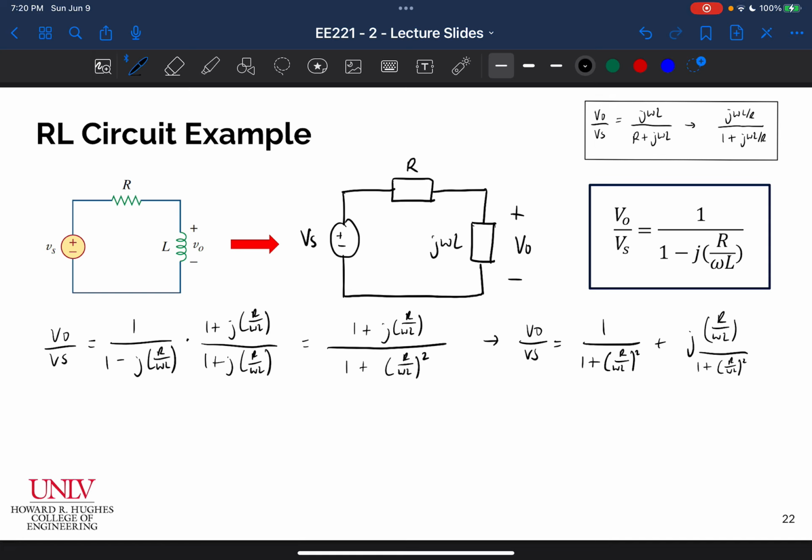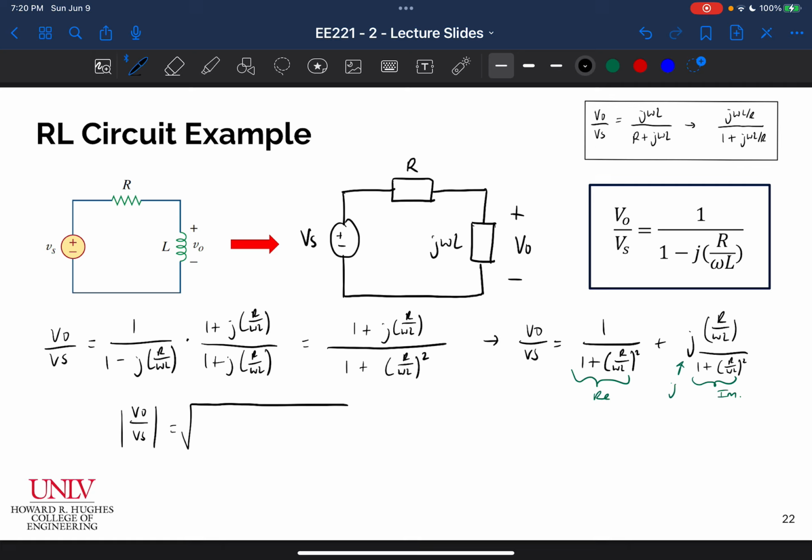All right, so again, we have our real part here, we have our j here, and we have our imaginary part here. And from here, we can go ahead and find the magnitude of this complex number. So the magnitude of V out over Vs, of course, we know is just going to be the square root of the real part squared plus the imaginary part squared.